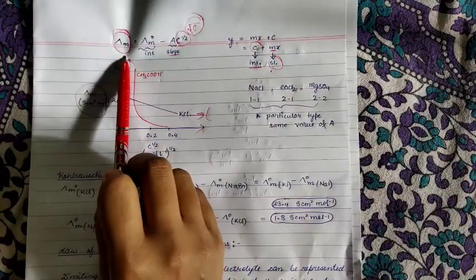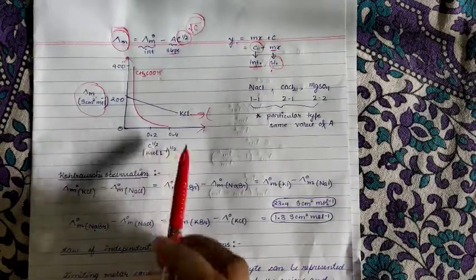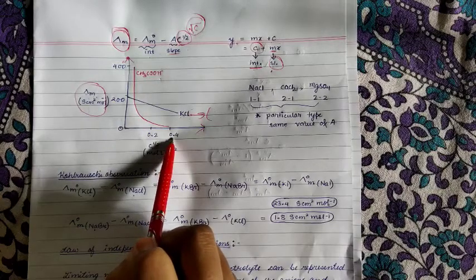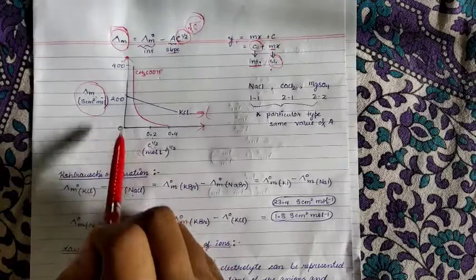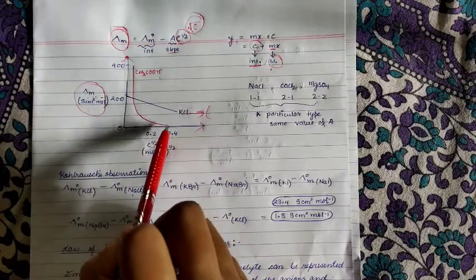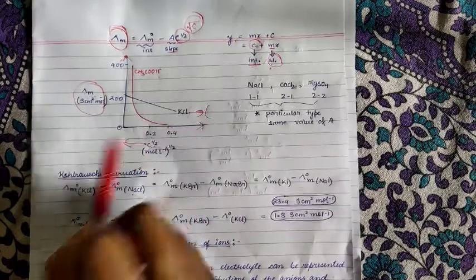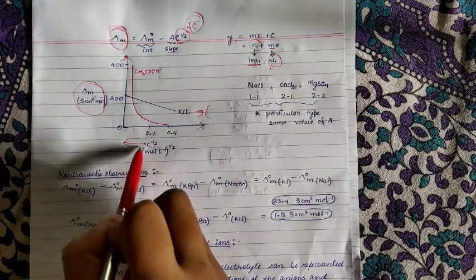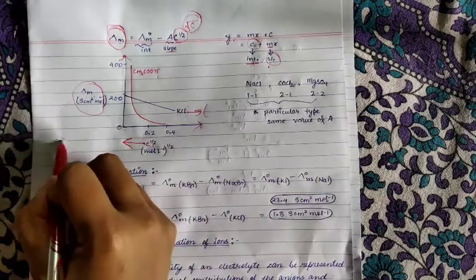Now you observe here only for KCl, the blue line. If you see here, this is the y and this is the x. X is denoting the concentration. Now here it is 0.4, 0.3, 0.2, 0.1, then 0. It means what? The concentration is decreasing this side. Clear? Concentration decreasing means what?